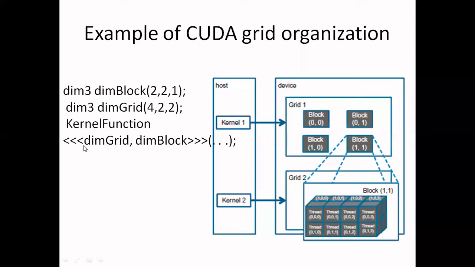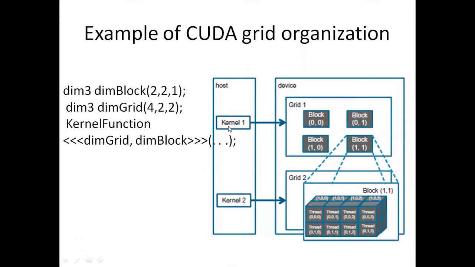So dim grid here and dim block here, because we are creating the grid now. So dim grid will be 2, 2, 1 and dim block will be 4, 2, 2.